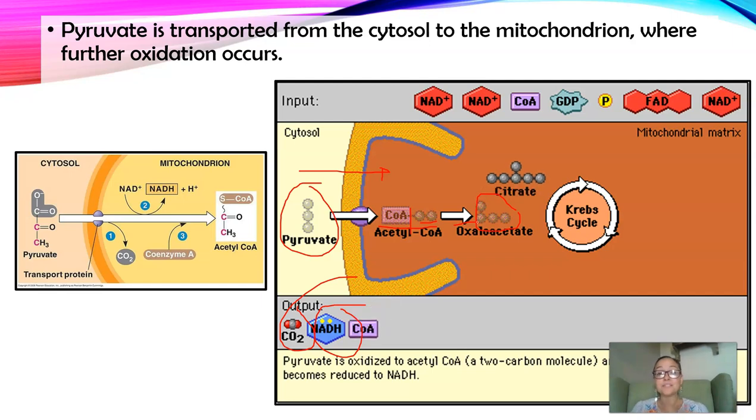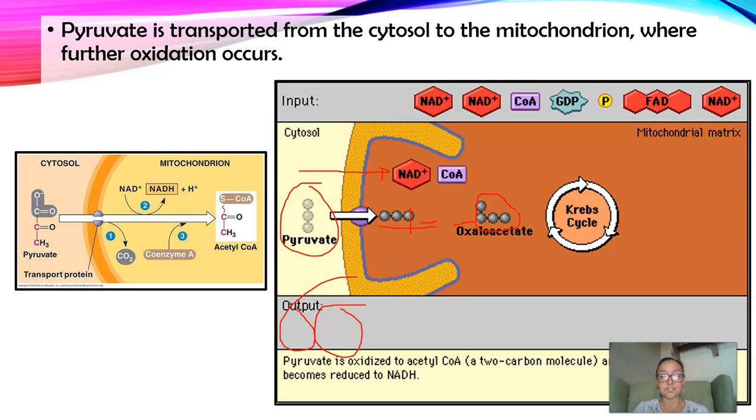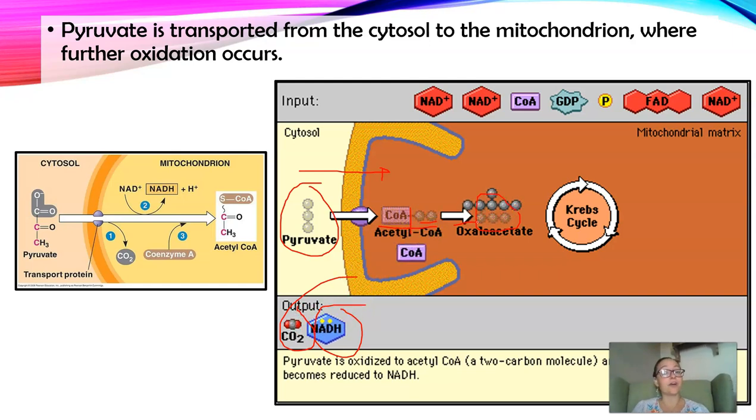Now we can begin the citric acid cycle. So in order to actually begin the Krebs cycle or citric acid cycle, you need the oxidation of pyruvate to happen first, and that occurs within the mitochondria. You get 1 reduced electron carrier as well as a molecule of carbon dioxide. This is going to happen 2 times because there were 2 pyruvates made at the end of glycolysis.